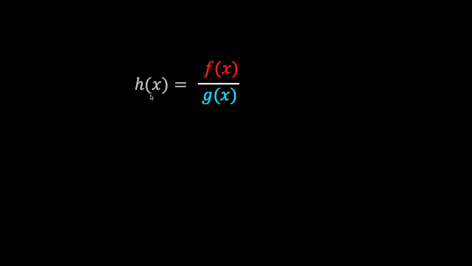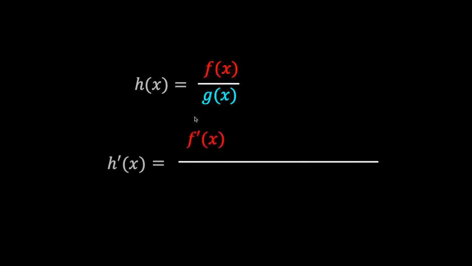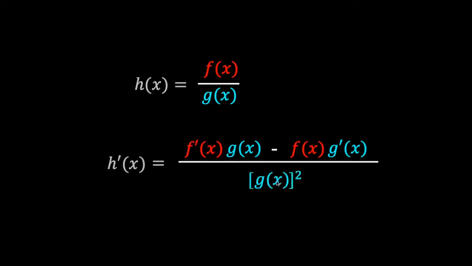To find the derivative of that function, h prime of x, it's going to equal, now you draw a nice big long line here for your fraction, the derivative of the numerator, so f prime of x, times the denominator left alone, g of x, minus the numerator left alone, so just f of x as it is, times the derivative of the denominator, g prime of x, so that's the derivative of g of x. All of it is going to be over the denominator squared, g of x squared. So that's your quotient rule.